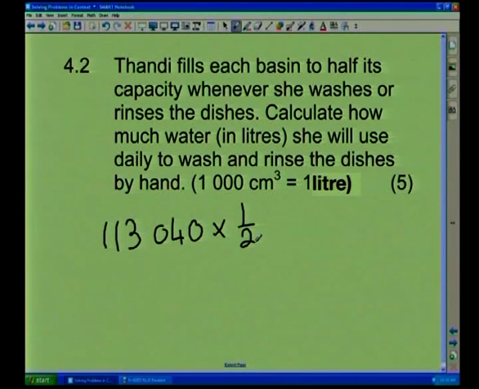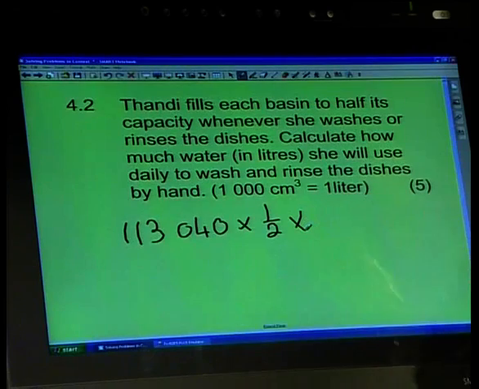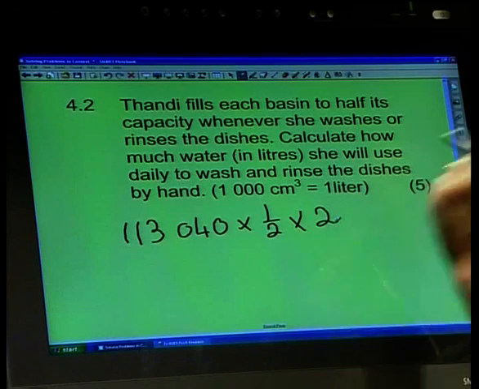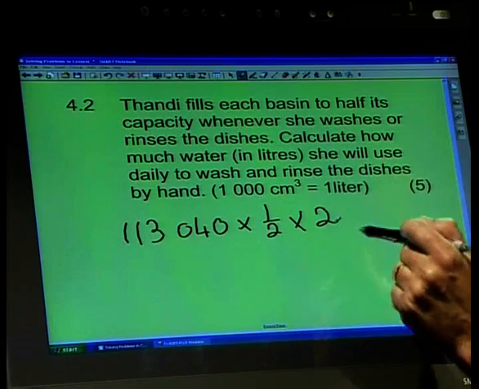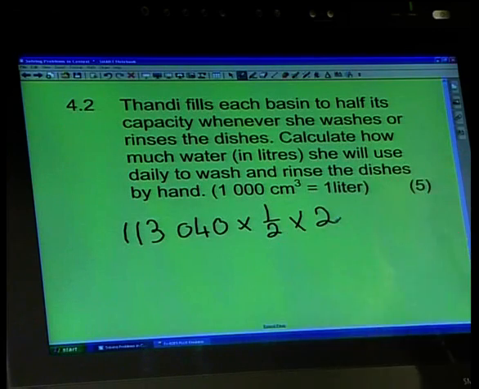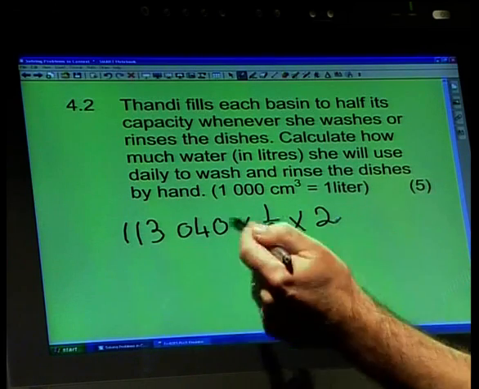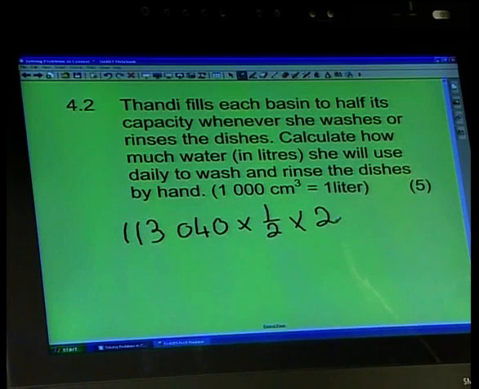But remember that she does have 2 basins because she uses one for rinsing and one for washing. So we've got to take that and multiply it by 2. Well, this is actually quite nice because if you halve and you multiply by 2, you're actually cancelling those 2 figures out. So in the long run, we actually just needed that figure.